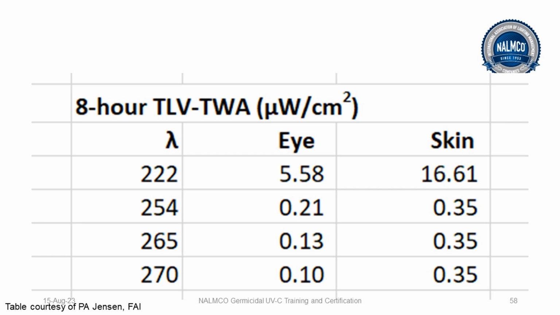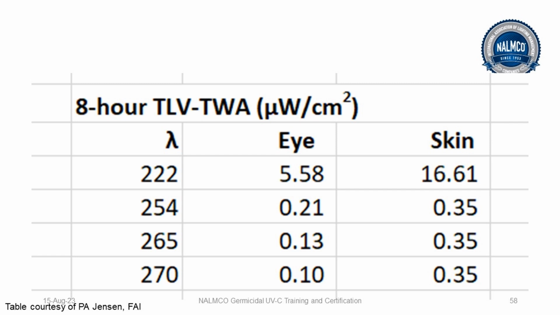So what does that mean in terms of microwatts per square centimeter? You can't really measure joules very easily unless you put a dosimeter on a person. But if we're just taking simple measurements with the radiometer, we could see that, okay, at 254 nanometers for the eye, the threshold limit value for that location staring at the fixture for all 8 hours and not moving, you need an irradiance level of 0.21 or less.